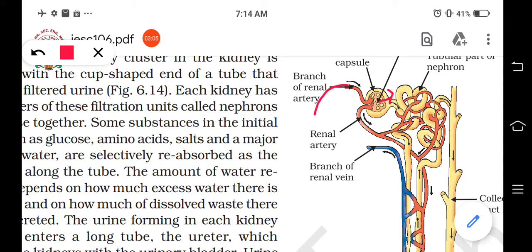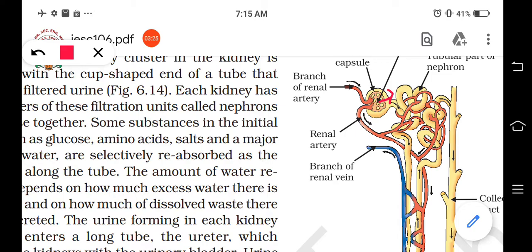So as blood passes through the glomerulus, many substances, useful and waste materials, useful materials like salts, amino acids, etc., are also getting filtered into the Bowman's capsule.